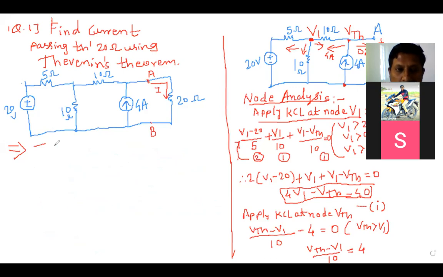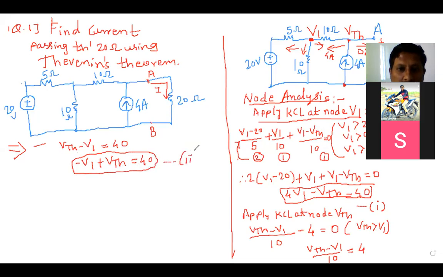Okay, now VTH minus V1 is equal to 40. So minus V1 plus VTH, I will write like this, is equal to 40. This is your second equation. So solve equations 1 and 2.